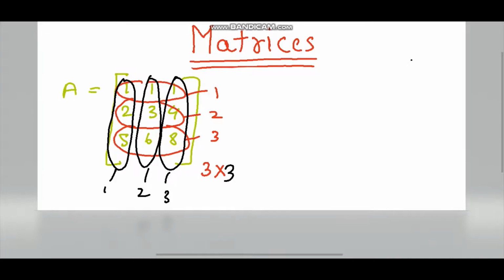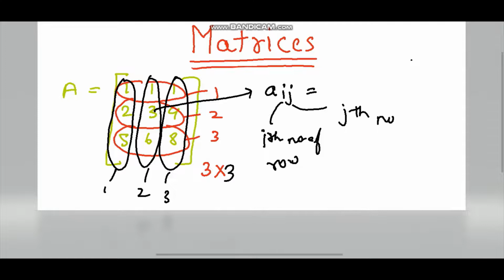Now let us say someone asks what is the position of the element 3. How will we denote it? We know the position of an element is denoted by small aij, where i is the ith number of row and j is the jth number of column. So what are i and j here? i is the row number. Which row is it?